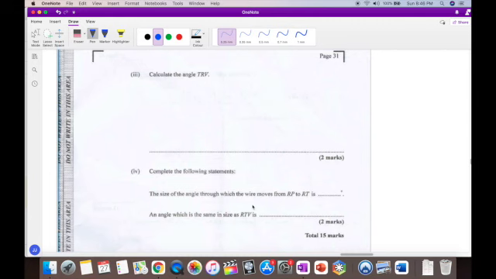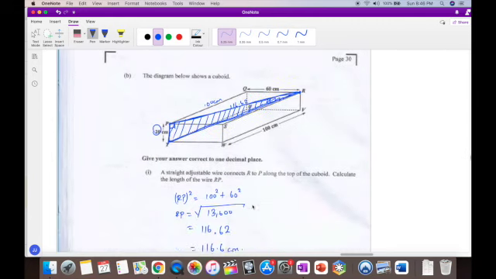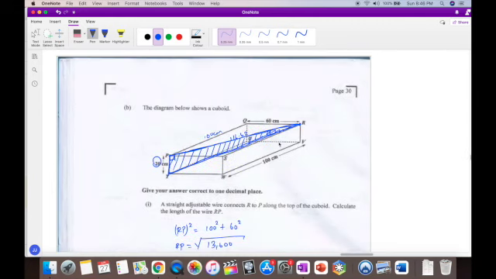Calculate the angle TRV. That's interesting, right? That is interesting indeed. So TRV is this angle over here, right?